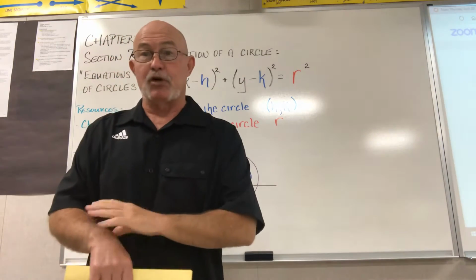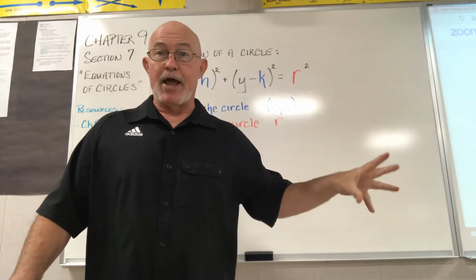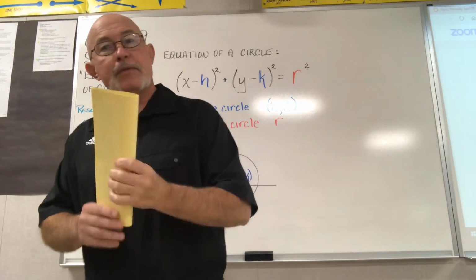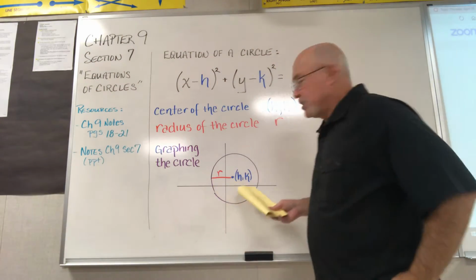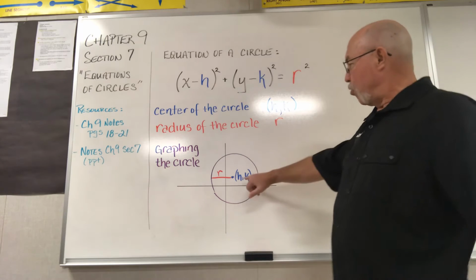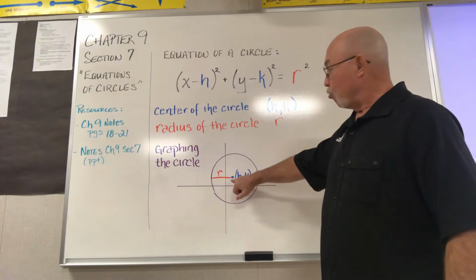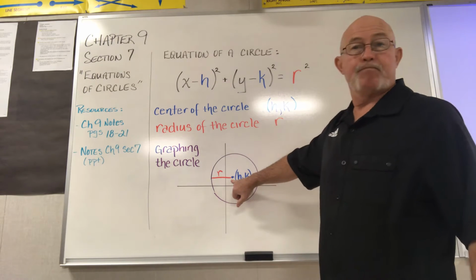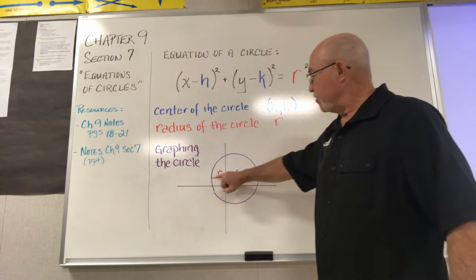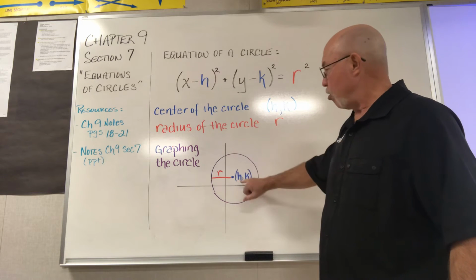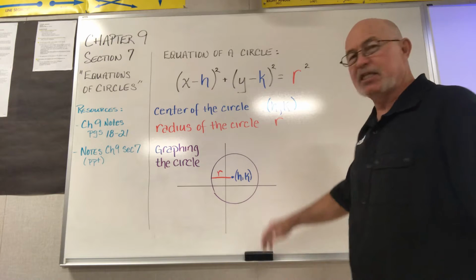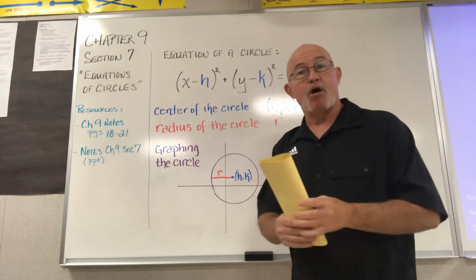Yes, I'm clever like that. Radius, red. That's all we're dealing with. Now, kind of what it looks like. Let's say the points H and K were both positive, in quadrant 1 here, and this is R. Well, this is also R, as is this, as is this. That's how we're going to draw it.